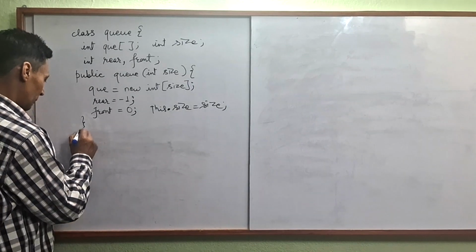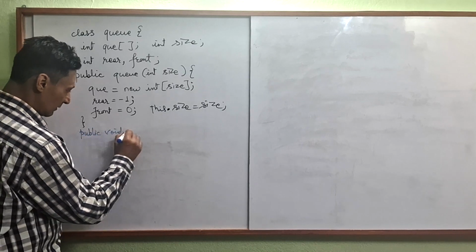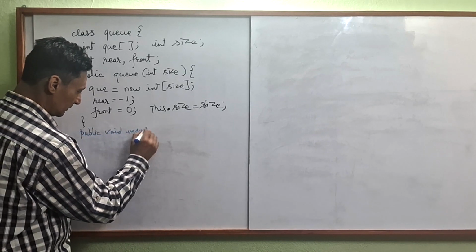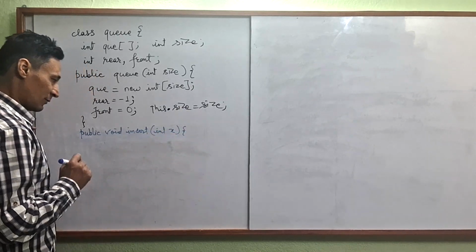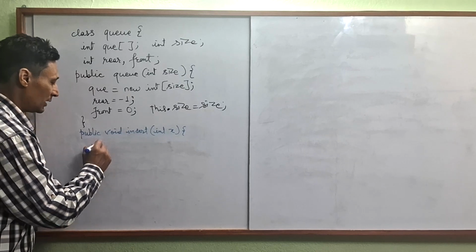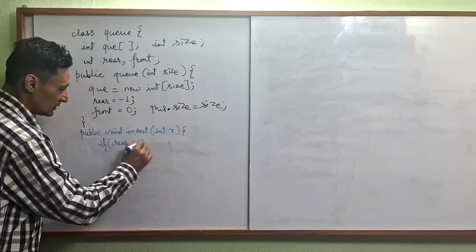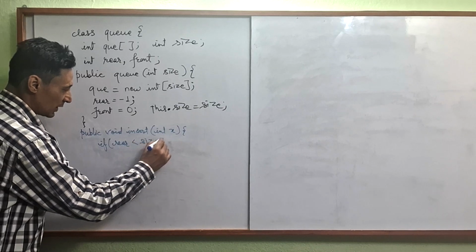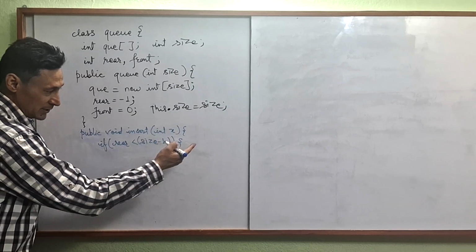Now let's write the method to insert element within the queue. Public void insert(int x). Now first we have to check whether there is any space within the queue or not. So what we do is, if rear is less than size - 1, that means there will be at least one space in the queue.